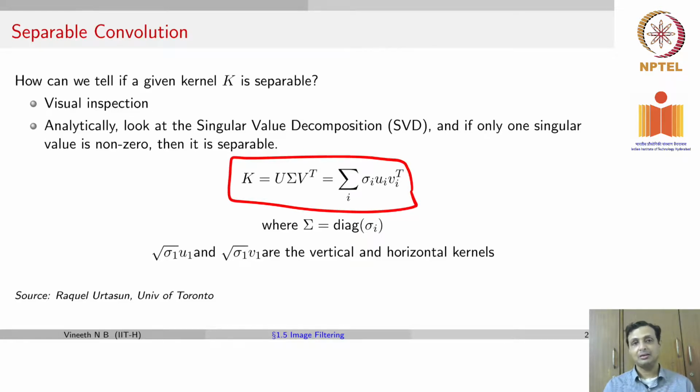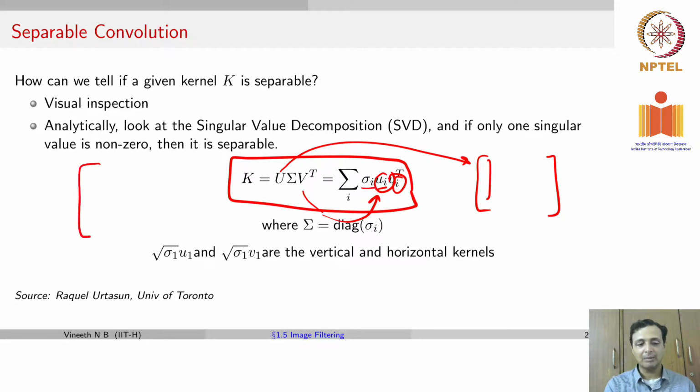Remember, the singular value decomposition of any matrix is given by U sigma V transpose, and that can be written this way, where U is a matrix whose column vectors are Ui, V is a matrix whose column vectors are Vi, so each of them is a vector, and sigma i are the elements in your diagonal matrix sigma.